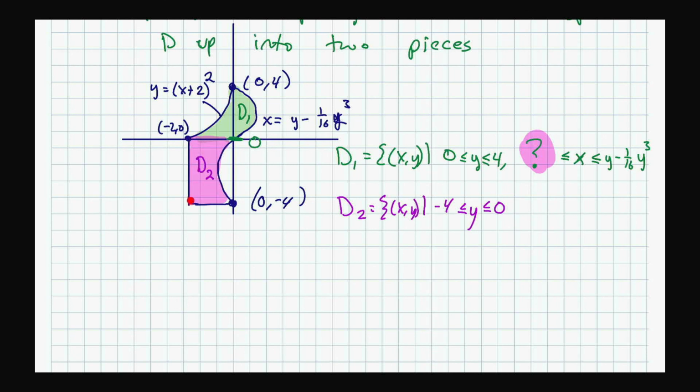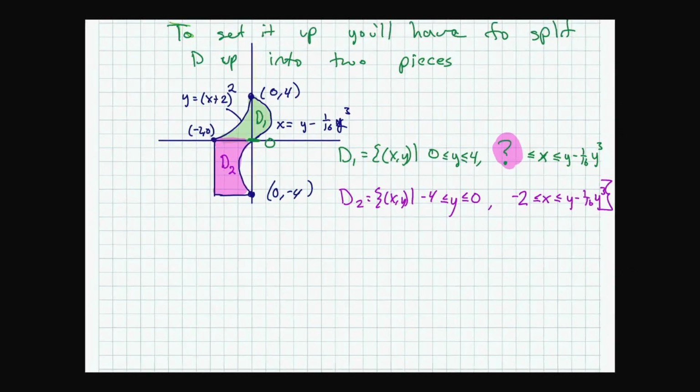And then your curves on the left and the right are going to be a little bit easier. The right-hand curve is actually the same as the right-hand curve here. This is one curve. So the right-hand curve here is still going to be y minus 1/16 y cubed. But the curve on the left-hand side is just here, which is actually x equals -2. Like that.